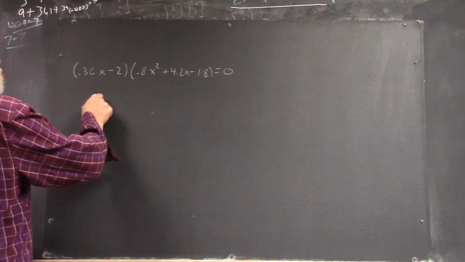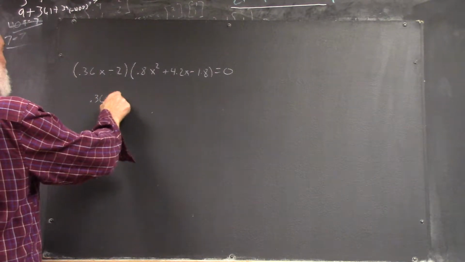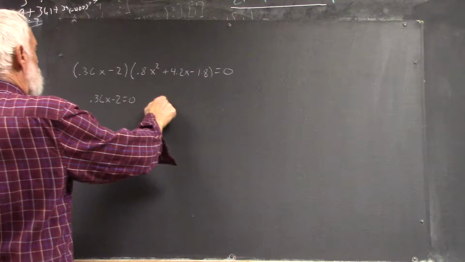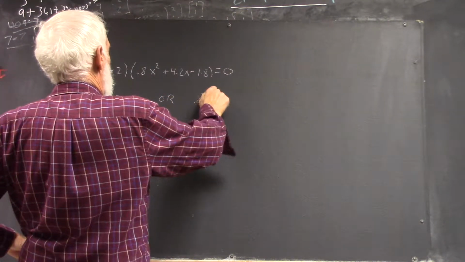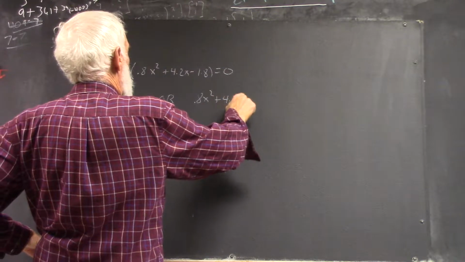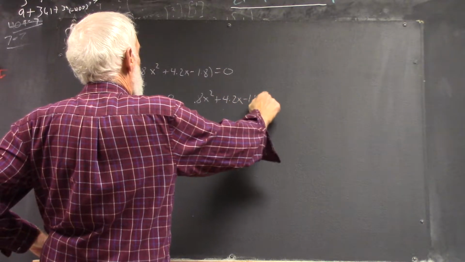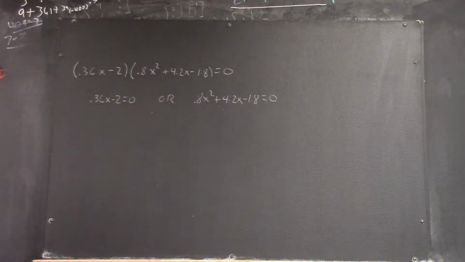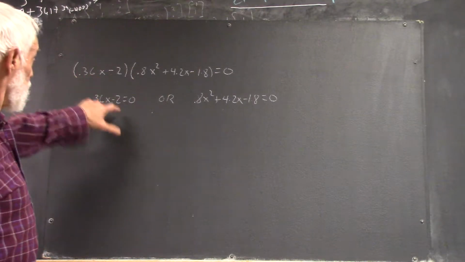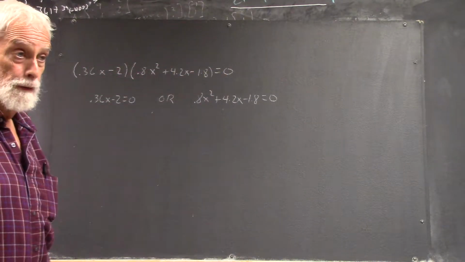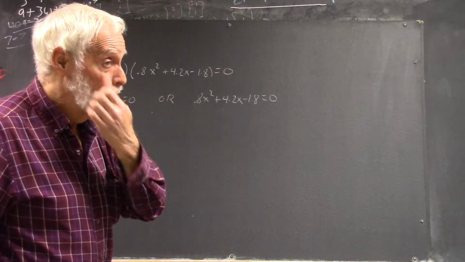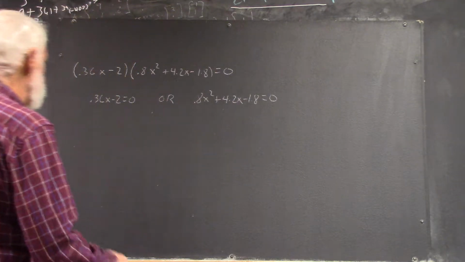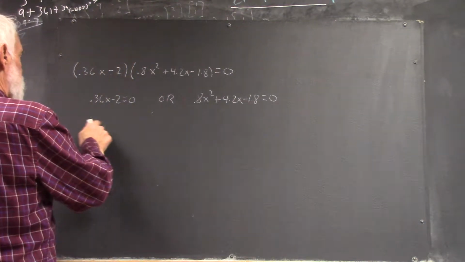So you have this. Set this equal to 0, that would make the whole thing 0, right? Set this equal to 0, that would make the whole thing 0, okay? So you solve.